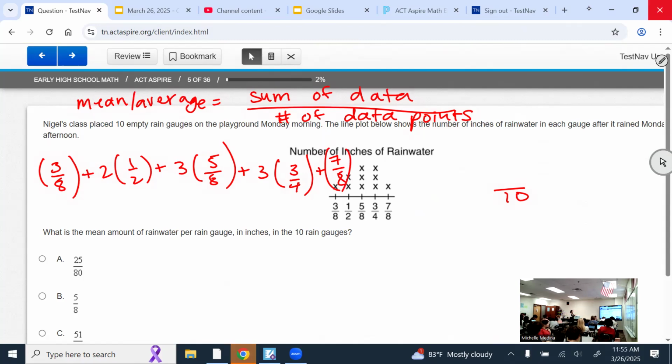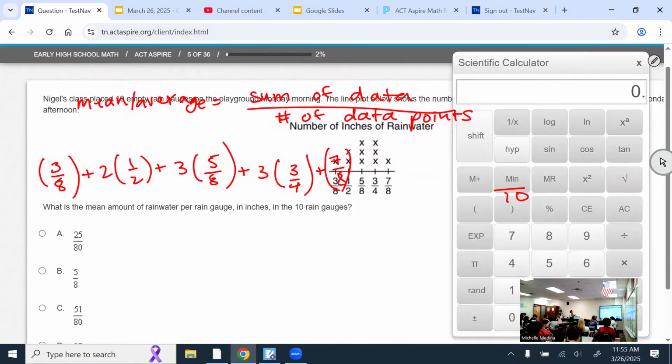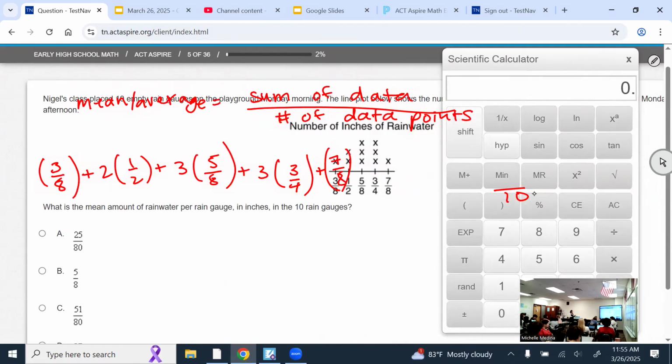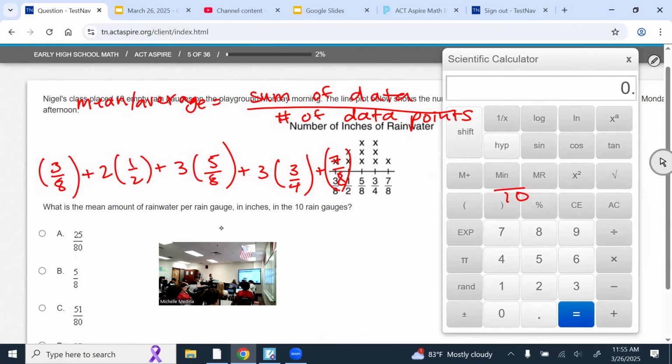And I'll try this one. But again, if you're doing this one, it only lets you see one thing at a time. And if you want it to multiply, you can't just do 3 parentheses 5/8. You have to hit the multiply button. But if you know all that, then this could work. So let me try it.